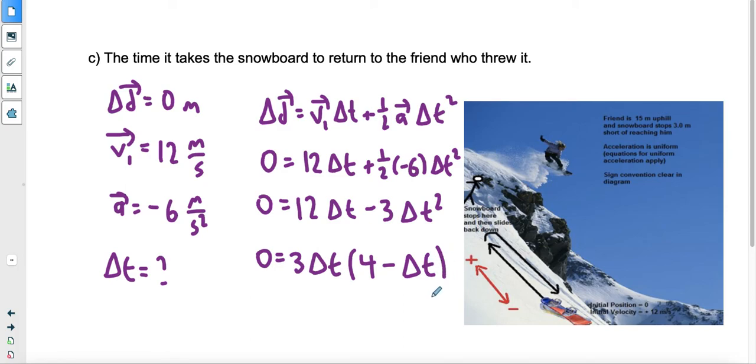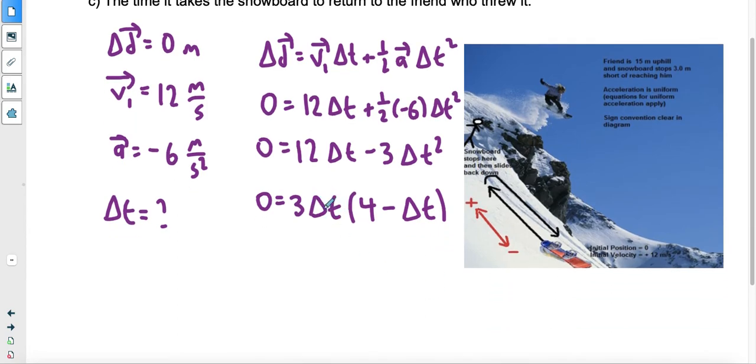Okay, now we want to find, what's the time? What does the time have to be to make this whole expression equal to 0? Well, there's two possible solutions. One of them is if the time is just equal to 0 seconds. And the other one is if the time is equal to 4 seconds. Because if you put t equal to 4, this will make this equal to 0.